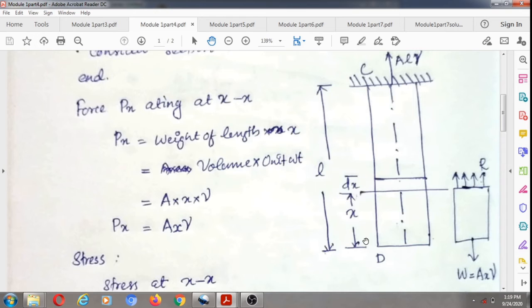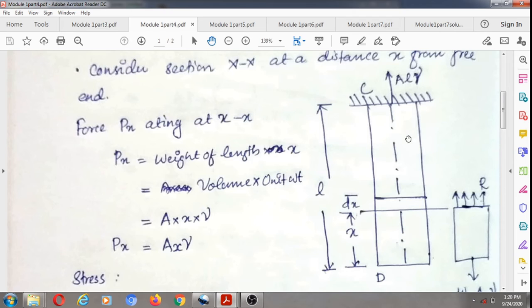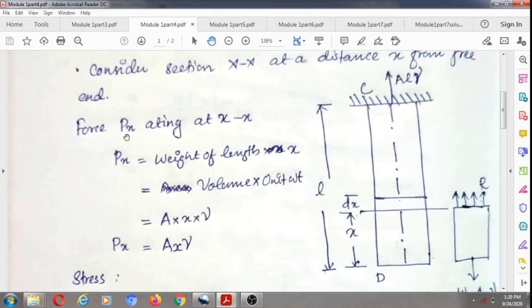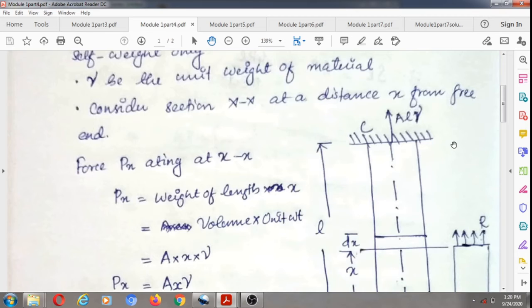The total length of the bar is L and the bar is fixed at C. For equilibrium, let P be the weight of the body; then P is balanced by the supported end. First of all, consider a section at a distance x from the free end.